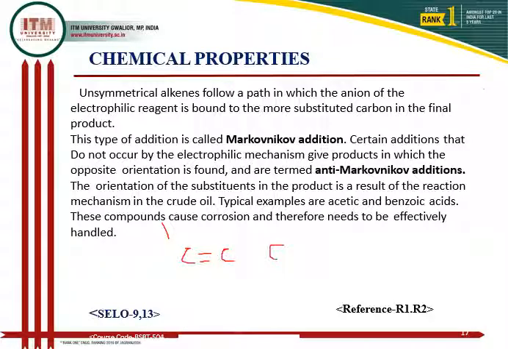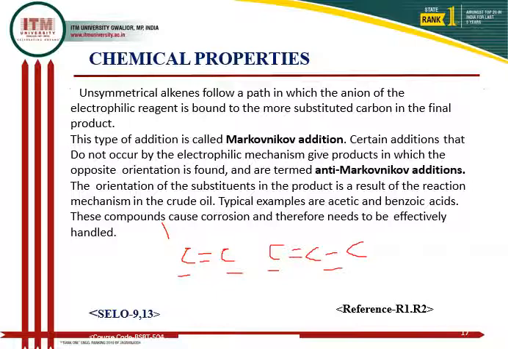We have a symmetrical and an asymmetrical example here. Symmetrical alkenes are those in which, near the double bond, the number of carbon atoms is the same. In asymmetrical alkenes, near the double bond we have a different number of carbon atoms.